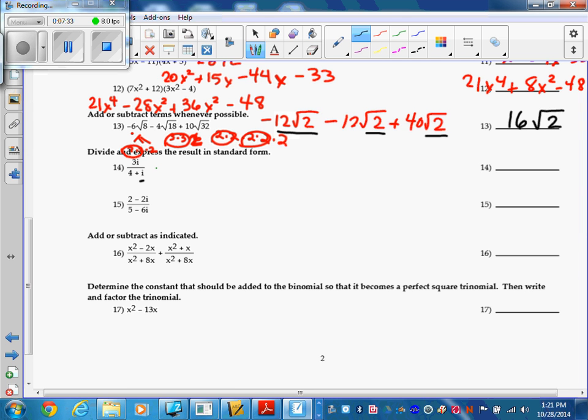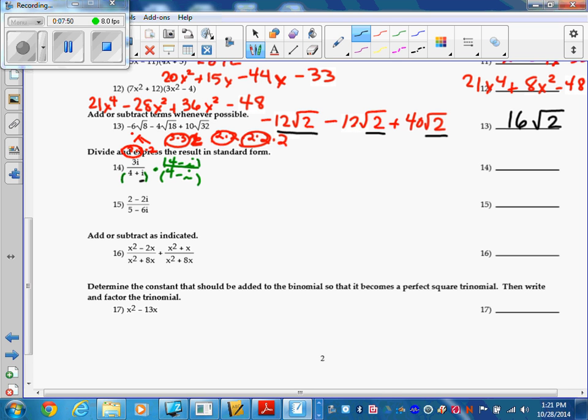To rationalize this, I'm going to multiply it by 4 minus i over 4 minus i. It's called a conjugate. I have to FOIL the top and FOIL the bottom.